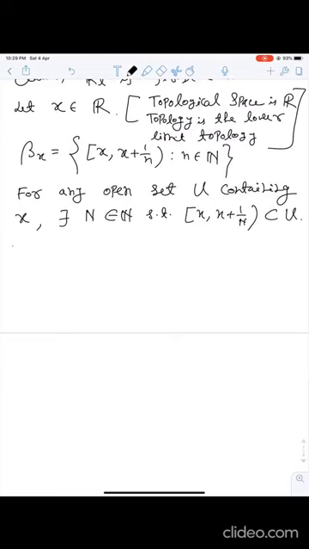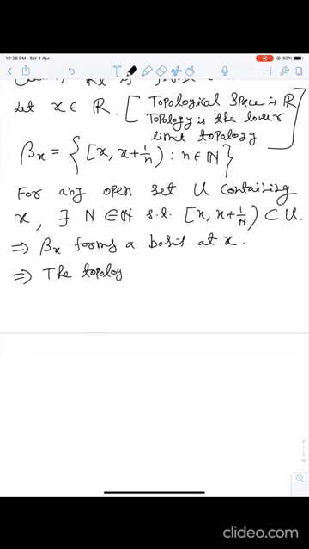That will imply beta x forms a basis at x and it is countable, right? Since beta x is countable, that implies the topological space RL is first countable.